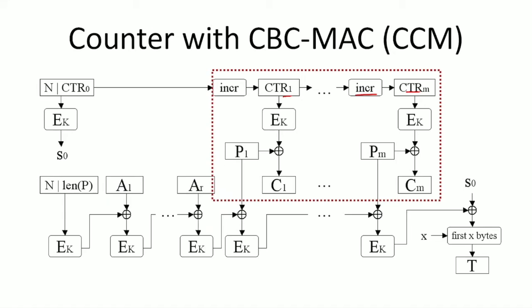We're constantly incrementing the counter from the previous block. We encrypt the counter, we get back a key block that we just XOR with the plaintext block to get our ciphertext block. And then we do that for each plaintext block independently of each other because there is no chaining in counter mode.